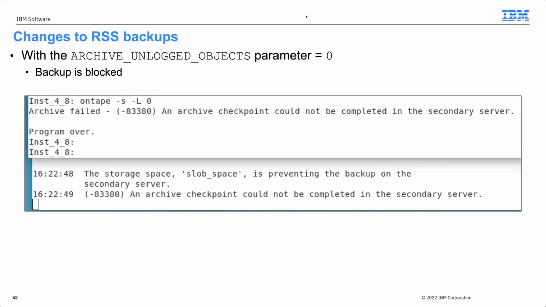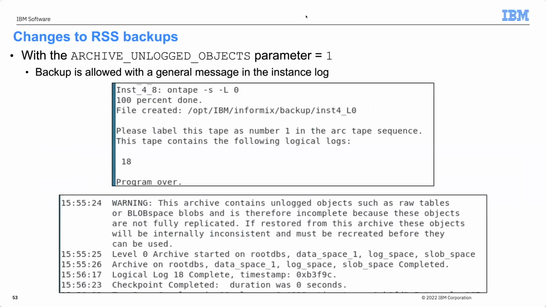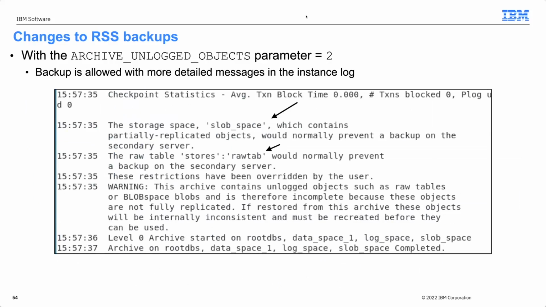In this case, it was my slob space, and it would not allow me to back it up. When I set it to 1, the backup occurred, and I got a concise message saying there are unlogged objects and this backup isn't a complete copy of the primary, so be aware. When I set it to 2, it told me about each one of the unlogged objects it found and said this isn't a complete copy of the primary, use it at your own risk. Those are examples of what comes out for each of those 3 values.